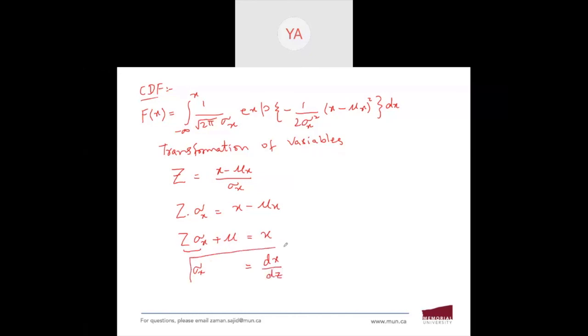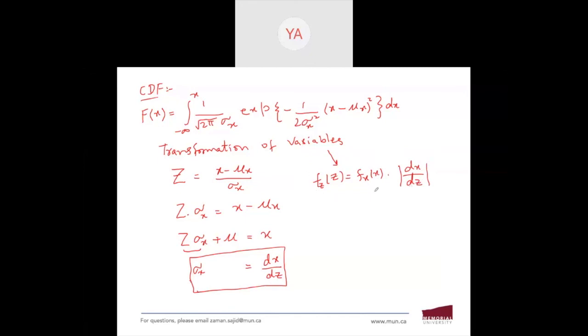Now why am I doing this? Because in order to apply the transformation of variables, I need to have this derivative with me. And for the transformation of variable, this is the formula, if you recall from your calculus, times dx over dz.